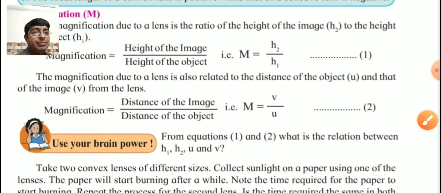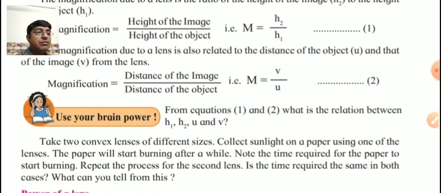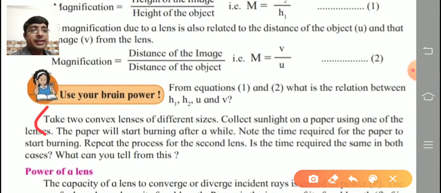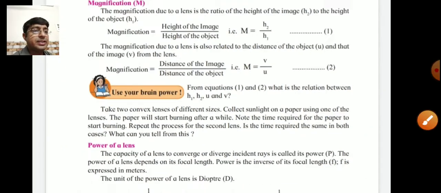Now use your brain power. From equation 1 and 2, what is the relation between h1, h2, u and v? And one more question given here. This paragraph means second question. So we are checking the answer of these two questions on one separate paper.